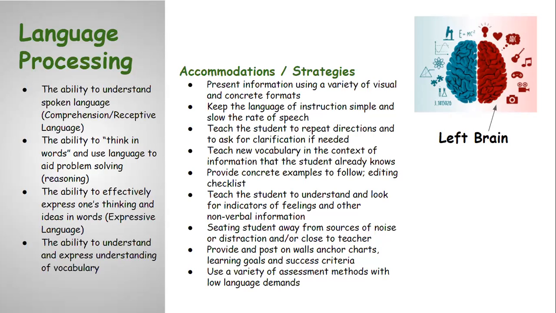So the biggest things, and there's accommodations and strategies listed here, but the biggest things that we can keep in mind for students with language processing difficulties is just to slow things down, to repeat things, to make things as multisensory as possible, and to really do a lot of check-ins with their understanding to make sure that they understand what you're saying.